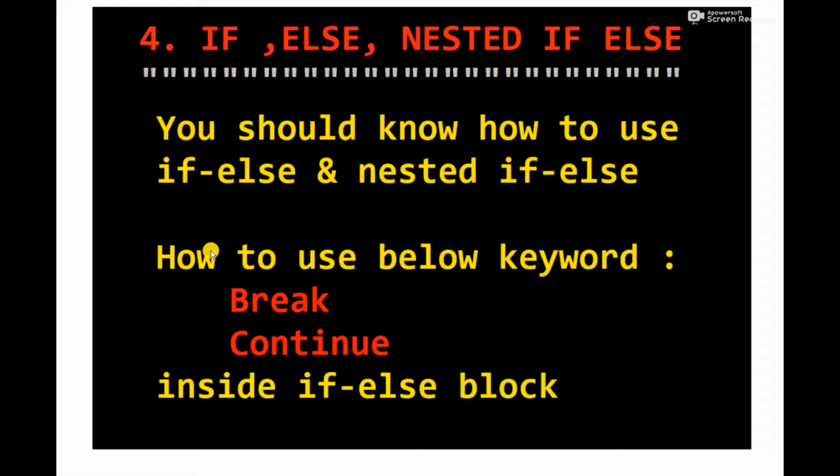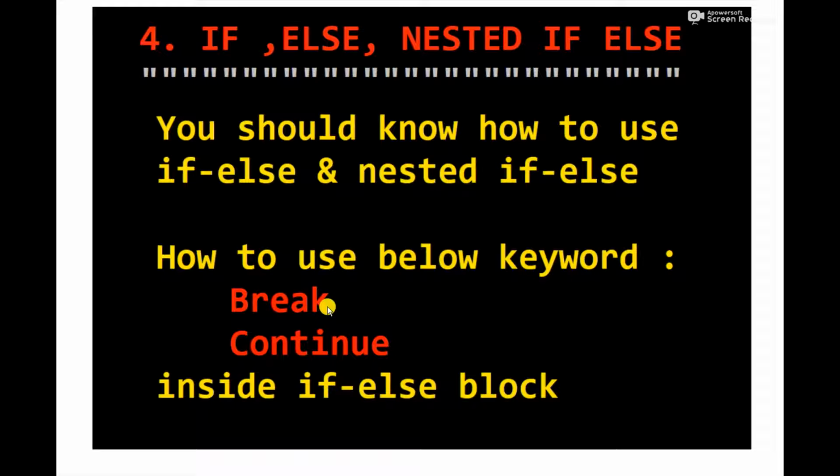And one more thing, two keywords are used inside the if else block: break and continue. Make sure you have knowledge of break and continue, how they work, and where you should use them. Break is used to terminate loops, for loops, while loops, any loops.